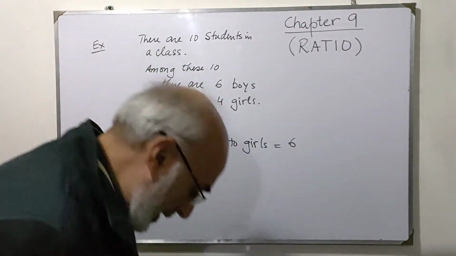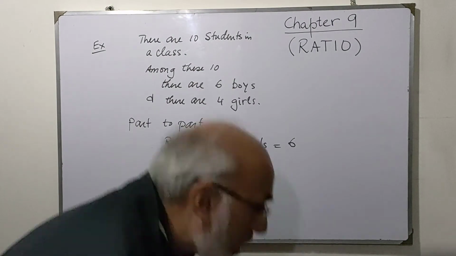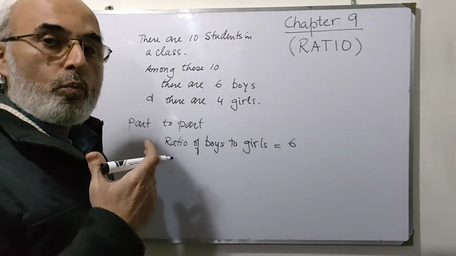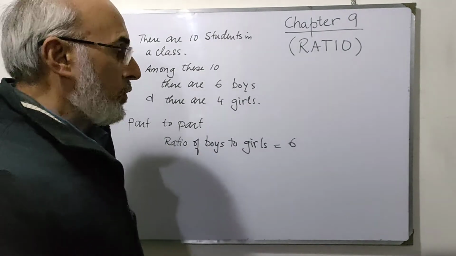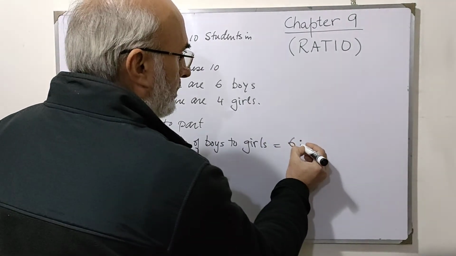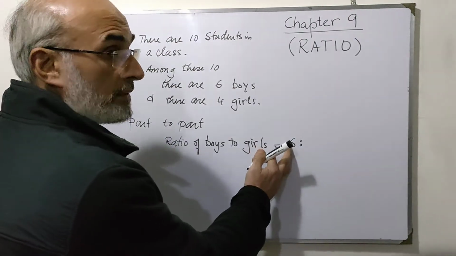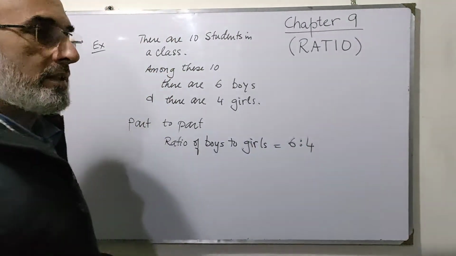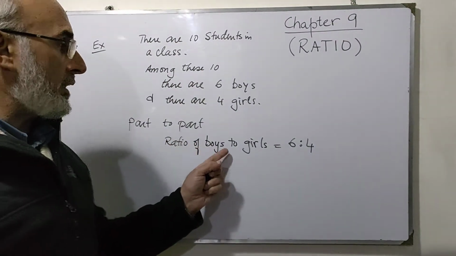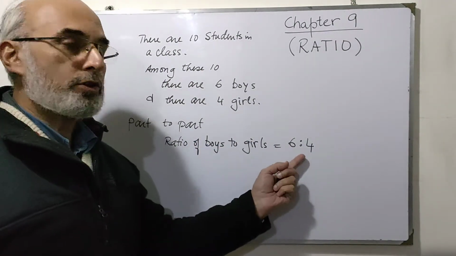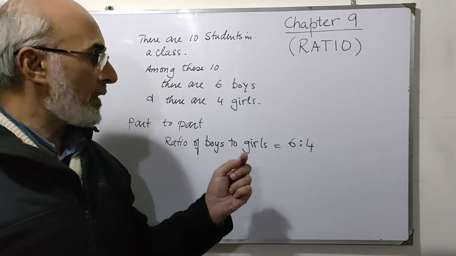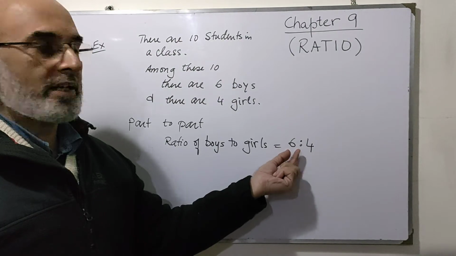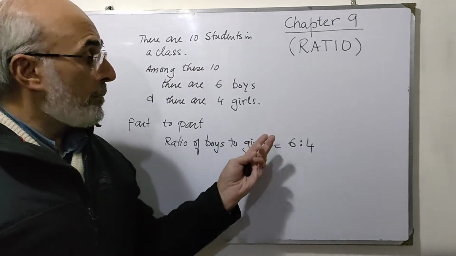And when we are comparing one quantity with another quantity, we use a colon sign and we say 6 is to 4. So this is the comparison. Ratio of boys to girls, 6 is to 4. Okay? Now 6 is representing boys, 4 is representing girls.